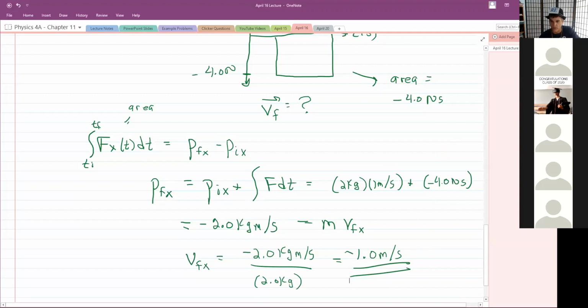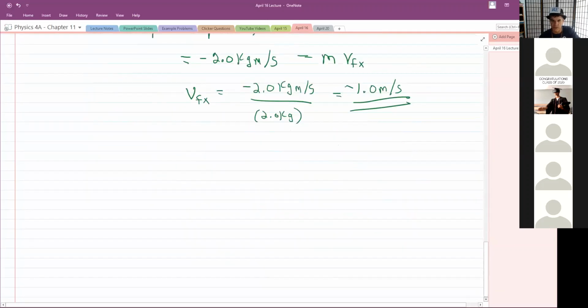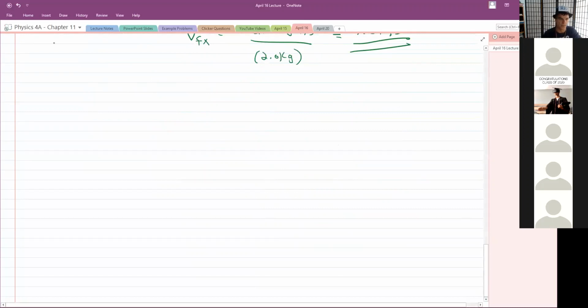So what I want to do now is just go to conservation of momentum, and I want to give you a little preview. Here's what conservation of momentum says.